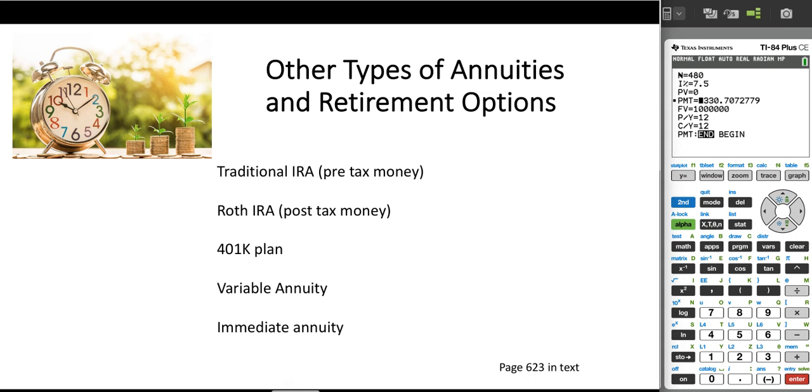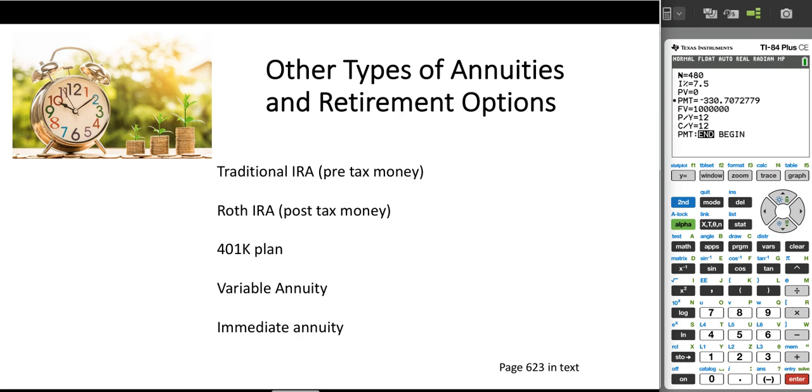IRA stands for Individual Retirement Account. In a traditional IRA, you are saving money from your pre-taxed money, so that could save you some money in income taxes. In a Roth IRA, you are saving the money after you've paid taxes on it, which means you won't have to pay taxes on it when you start to use it.